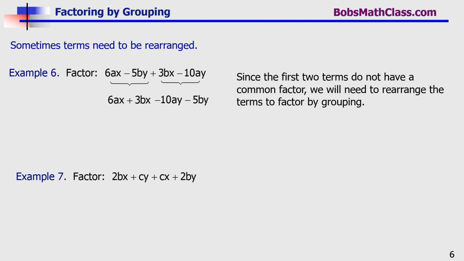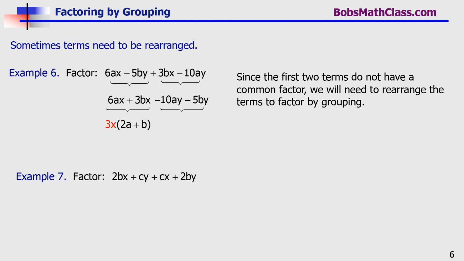All right, now we're going to do the same thing. Factor the GCF for the first pair and the second pair. What's the GCF for the first pair? That's right, 3x. What's the GCF for the second pair?